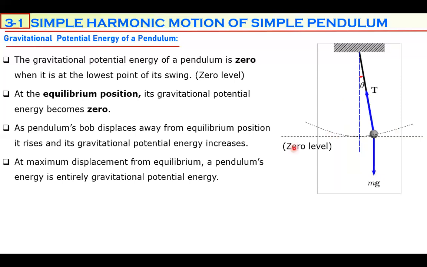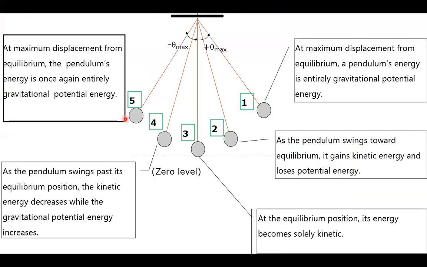So if you make a table, this is the equilibrium position, which is the zero level. So of course, at this position, gravitational potential energy is zero, but at maximum height, so at maximum displacement, the pendulum's energy is entirely gravitational potential energy.